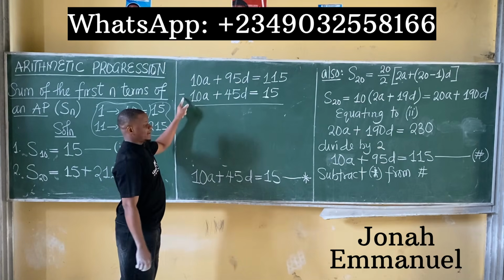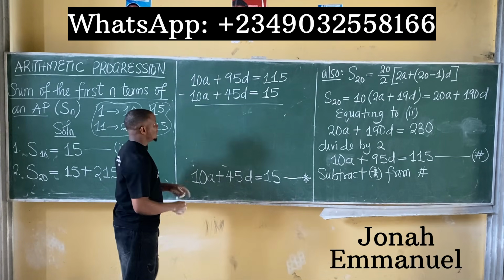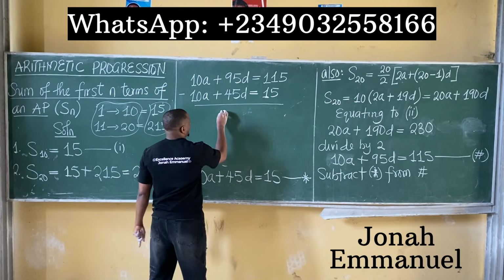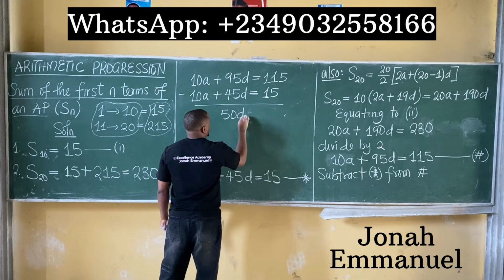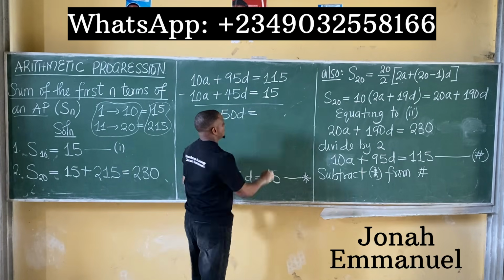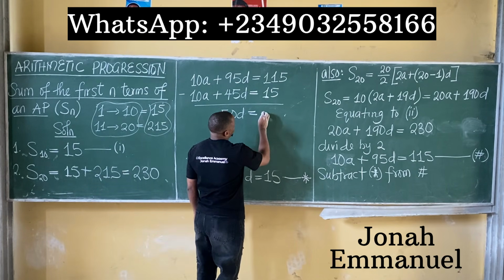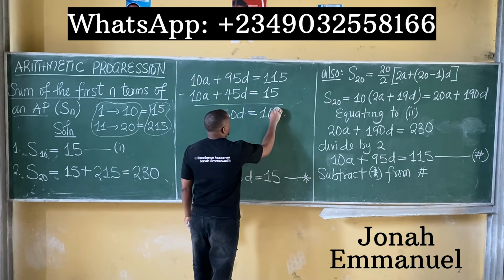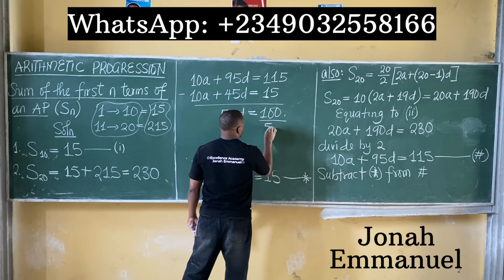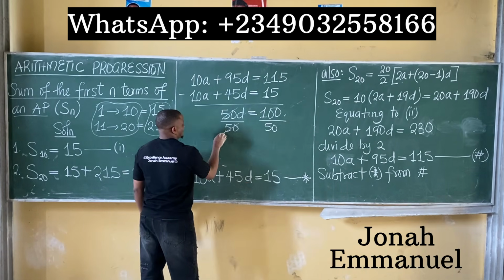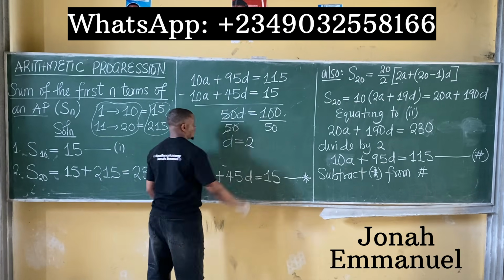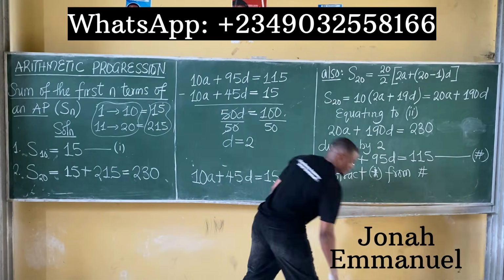Of course, 10a minus 10a cancels out. 95d minus 45d gives you 50d. 50d is equal to 115 minus 15, that gives you 100. So divide both sides by 50. This cancels this, and you have that d is equal to 2. So you have the value of d there as 2.